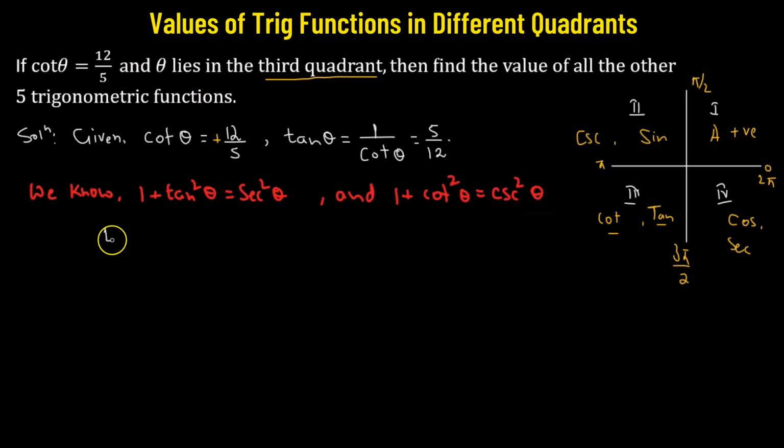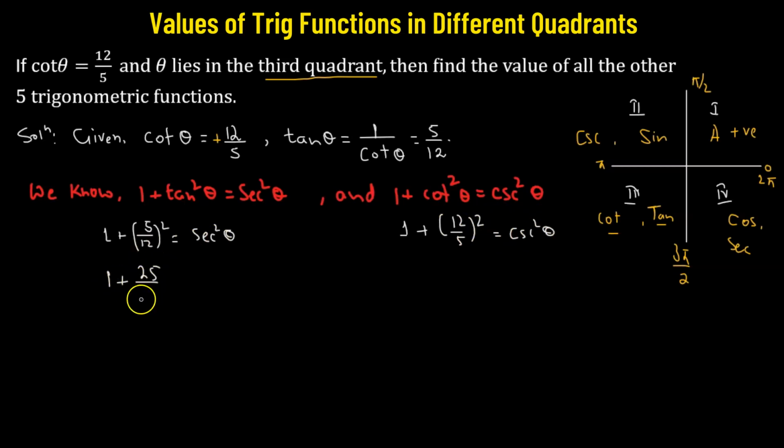So we have 1 plus tangent squared theta, which means 5 over 12 whole squared equals secant squared theta. And in this case, we have 1 plus cotangent squared theta, so we are going to have 1 plus 12 over 5, the value of cotangent theta, whole squared equals cosecant squared theta. Let's solve this. We have 1 plus 25 divided by 12 squared, which is 144, equals secant squared theta.